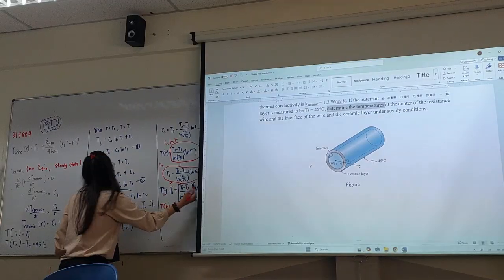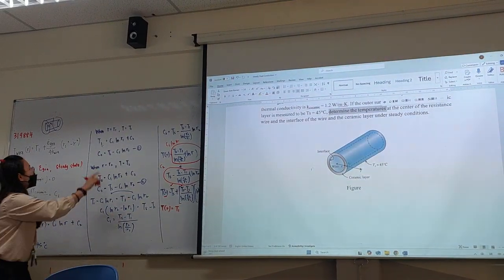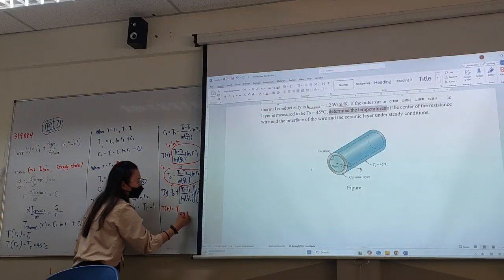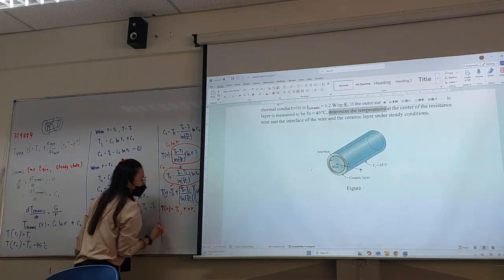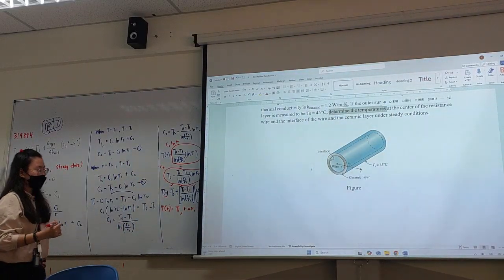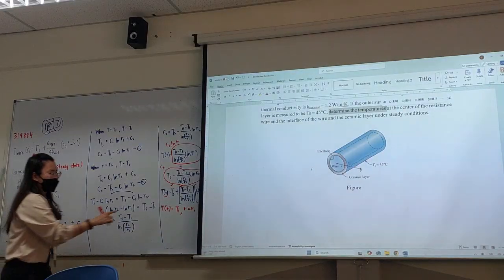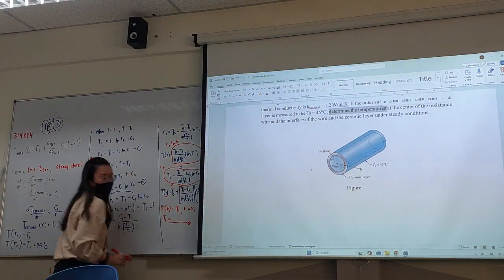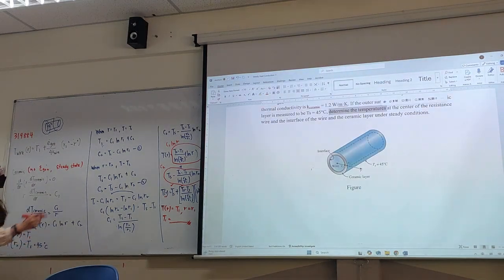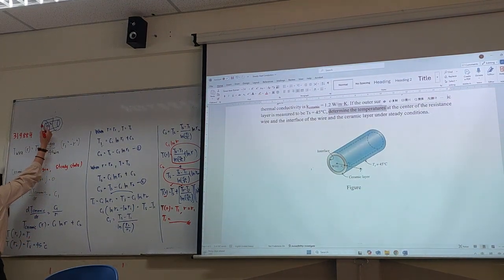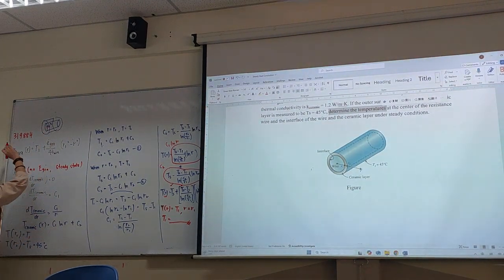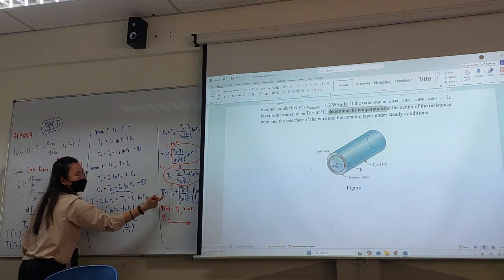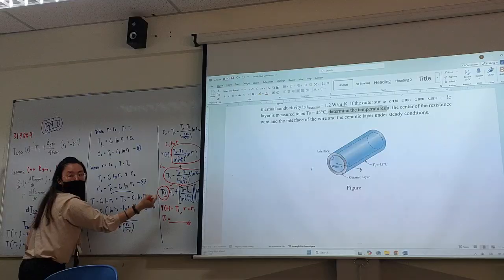At the center I name it R1, so R equals R1. Substitute inside and you get T1, because they want to find the temperature at this center.